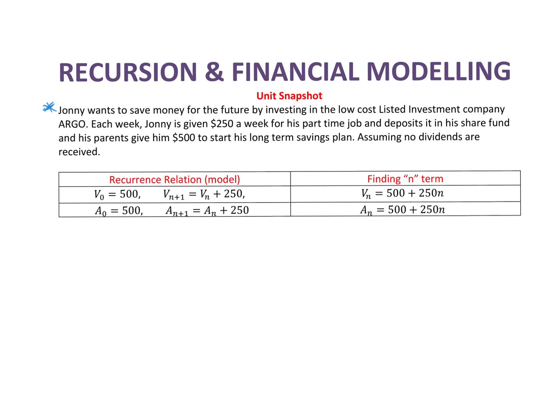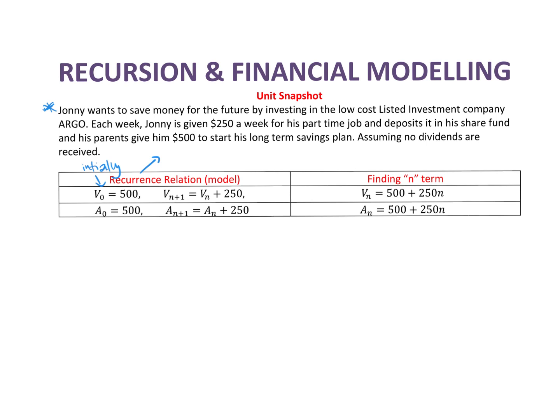If you look here, we're writing down the recursive model, or the way you would write this scenario in recursive language. You can see the V0, that was the initial amount. Here he initially got $500.